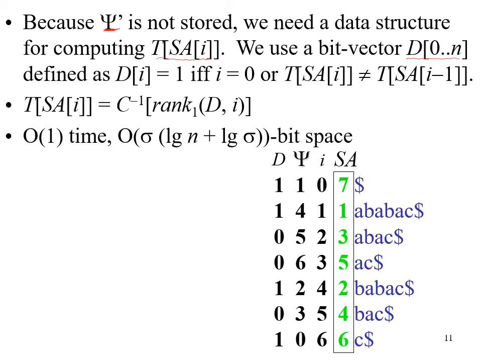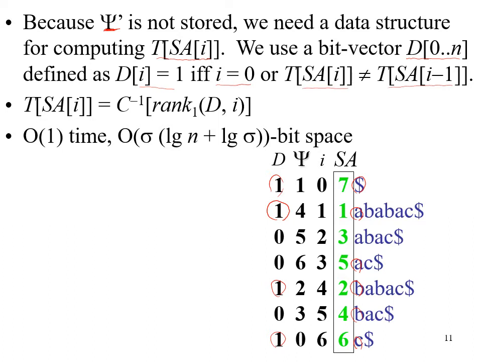D I is 1 if and only if I equals 0, the first one, or T of SA I is different from T of SA I minus 1. Okay. So here D is 1 because the first character A is different from the previous one. And here D is 1 because the first character T of SA I is different from the previous one. Okay. And also here.